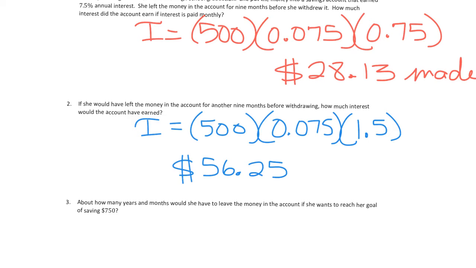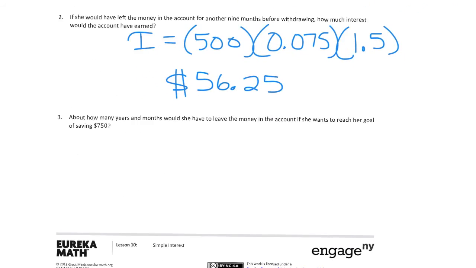The next question said about how many years and months would she have to leave the money in the account if she wants to reach her goal of saving $750. So she needs $750 when she takes it out. She's got $500 that she's depositing. So interest-wise, she needs to make $250 in interest.